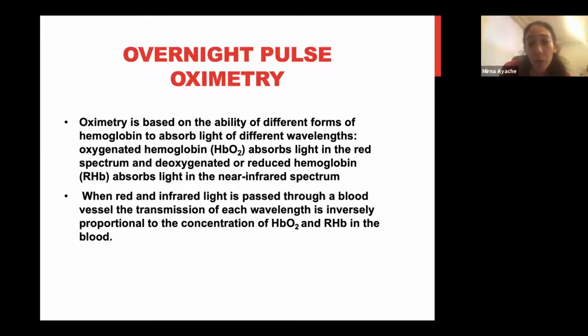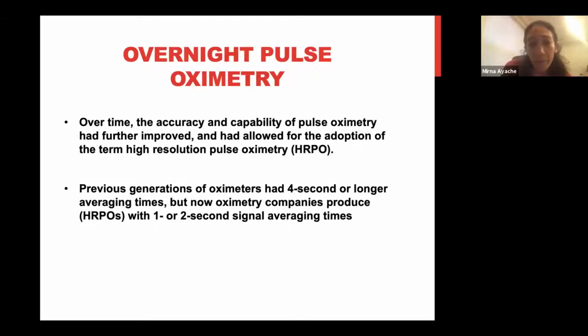When we shine the light on the hemoglobin, the ratio of the concentration of oxygenated hemoglobin to reduced hemoglobin will be proportional to the transmission of each wavelength. So this is the physiologic concept that the oximetry is based upon.